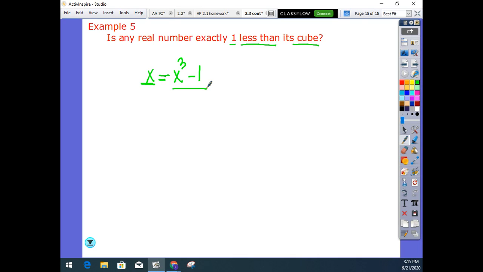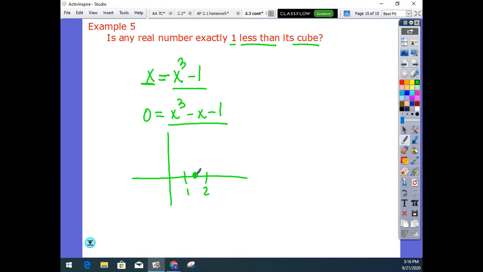So the easiest way to do this, I am going to set this equal to 0, and I'm going to graph this particular function. When you graph this equation, it crosses the x-axis somewhere between 1 and 2.